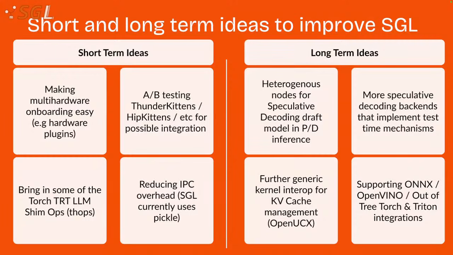There's things like OpenUCX. There's some other interesting research where you can actually tie the handlers for some of these processes within your kernels, so you don't have to pay for the overhead of your KV cache transfers, or you pay less for the overhead. This is a technically complicated idea, but I think it's worth exploring.